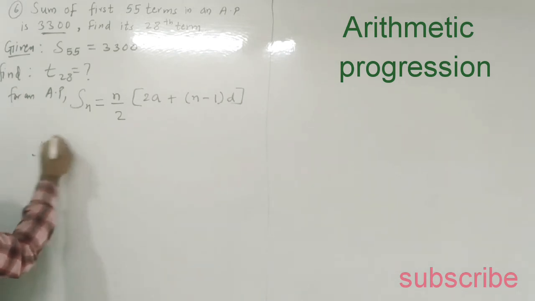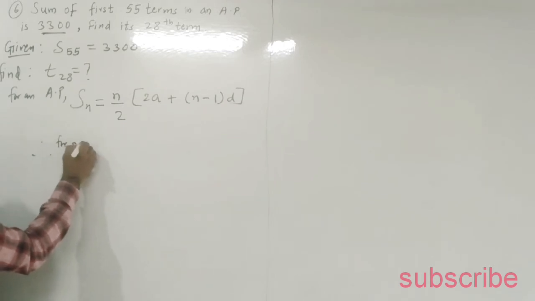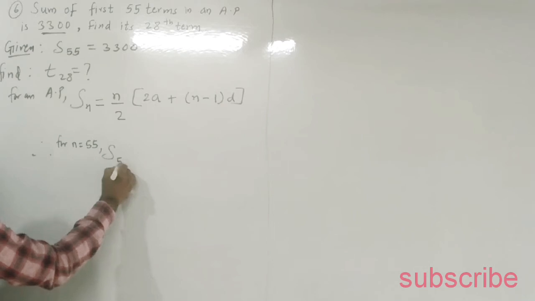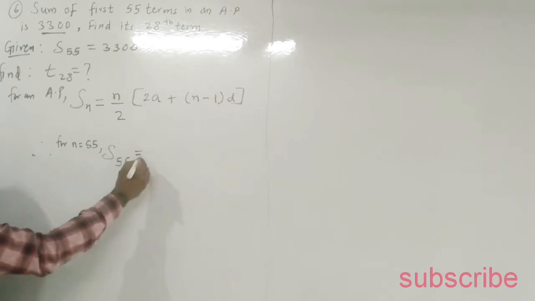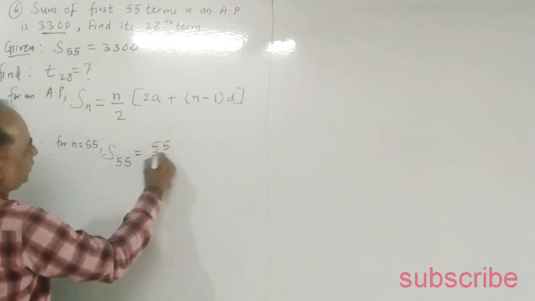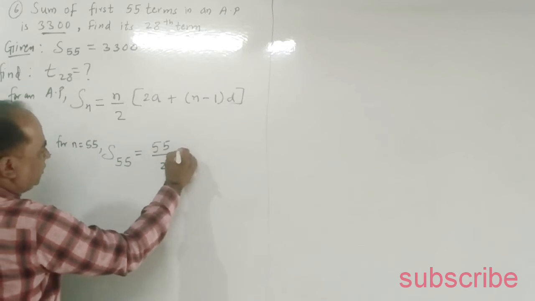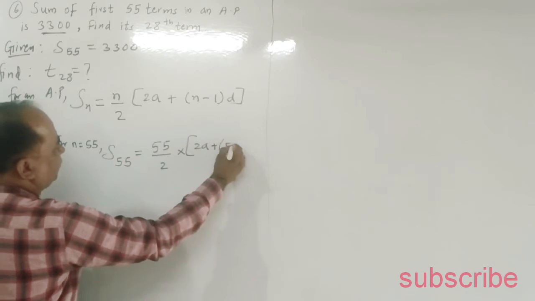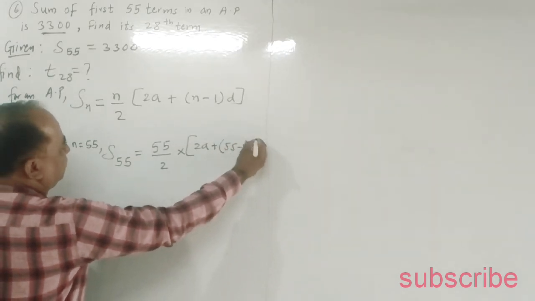Therefore, for n is equal to 55, S55 is equal to 55 upon 2 into (2a plus (55 minus 1) into d).